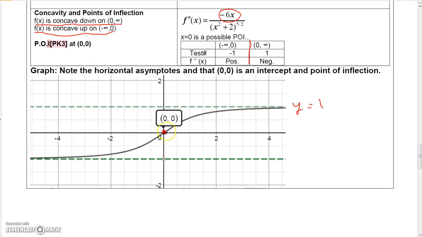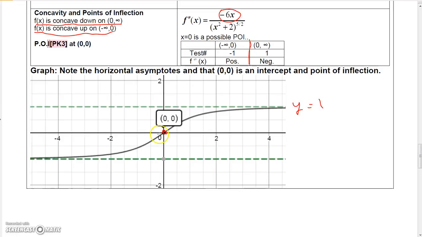And we know to the right of 0, we're going to be concave down and also increasing. So concave down and increasing, well, if we're going to approach y equals 1, it's going to have to do it this way. Now, I can actually use the symmetry portion of it because I know that this function is symmetric with respect to the origin.